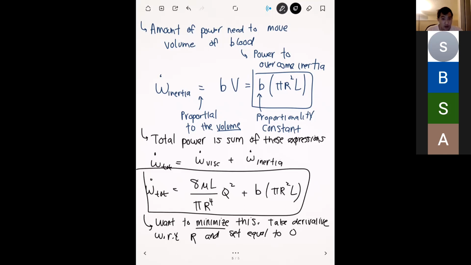So any other questions on this before I take that derivative? Okay. Let's take the derivative of this with respect to r, set it equal to 0, and then solve for r.